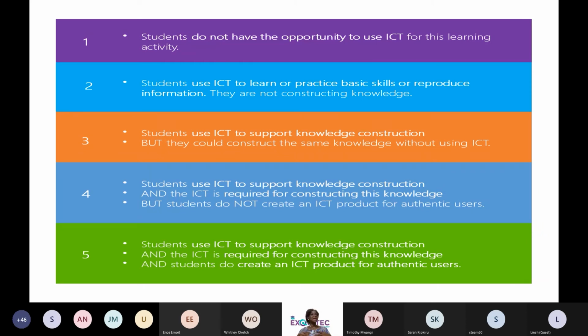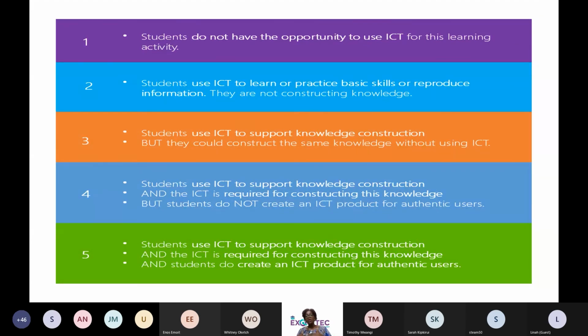All that was level 4, where these ICT products were created based on the knowledge, the data, the interviews, and all that they got. But it wasn't for authentic users. It was basically for classroom or school grading. So there was construction done using ICT, but it stopped at level 4.